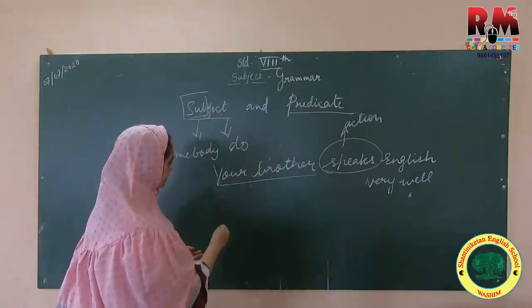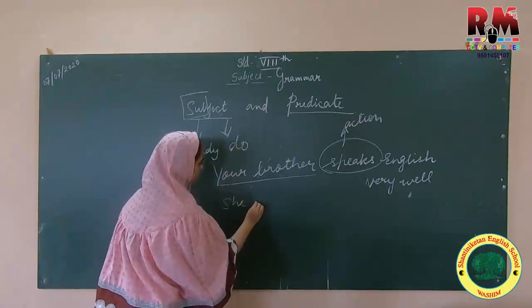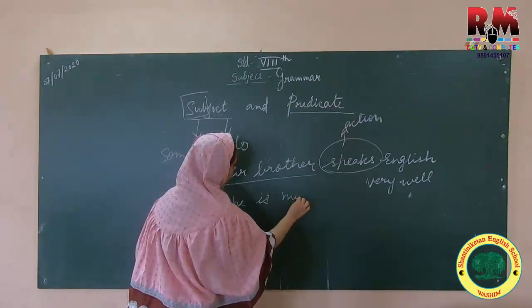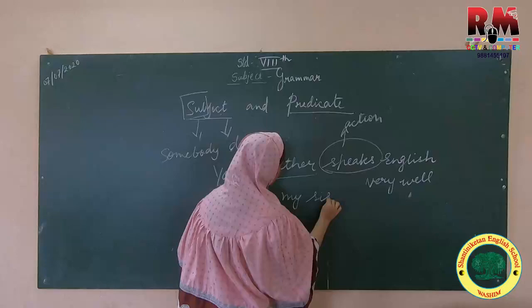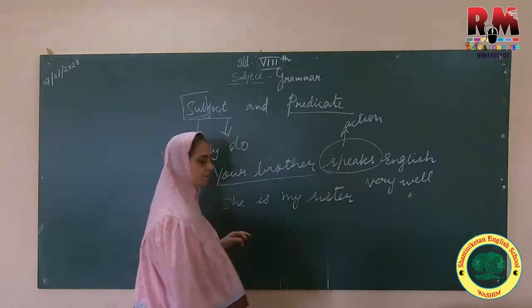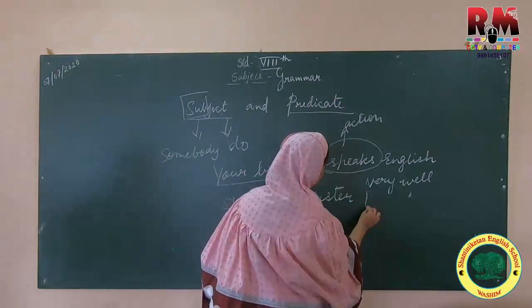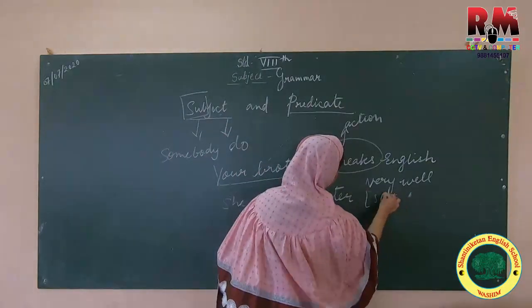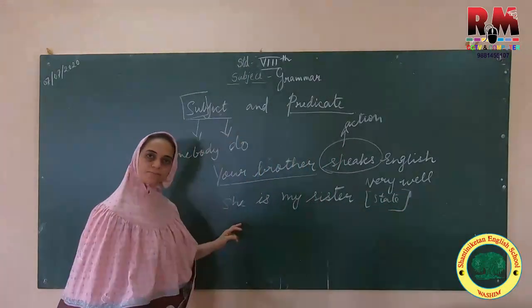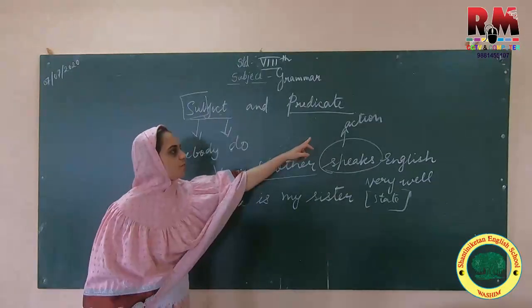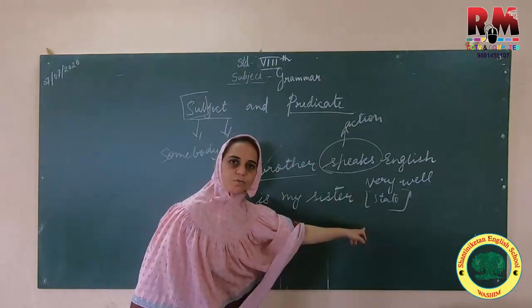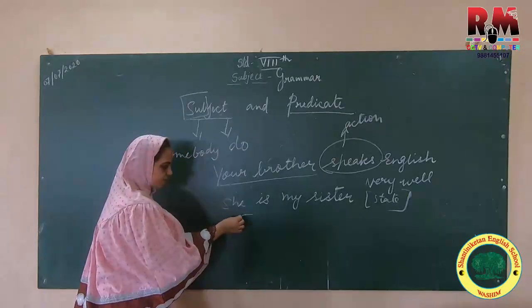Now we'll write an example. She is my sister. Here the sentence is in the form of state. So a subject can be identified in the form of action and also in the form of state.